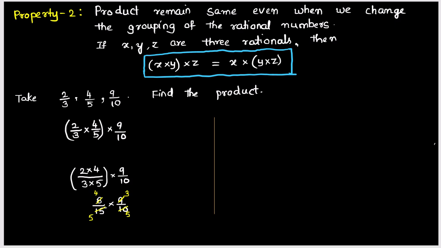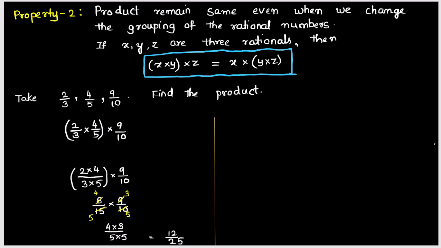So ultimately we get 4 into 3 upon 5 into 5. 4 into 3 is 12, 5 into 5 is 25. The final product of these three rational numbers is 12 by 25, where 2 by 3 and 4 by 5 are grouped.